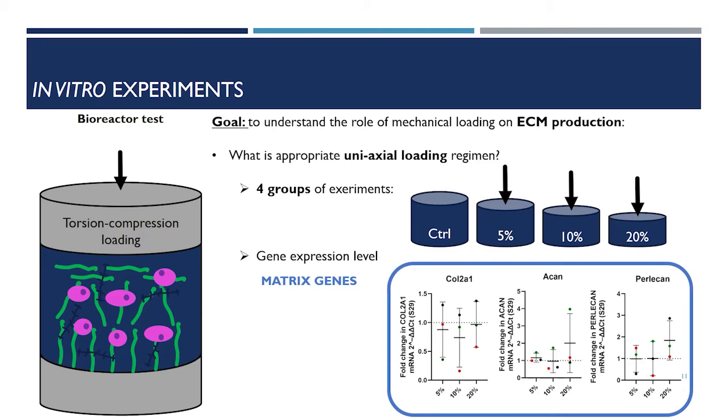We then evaluate the cell response in terms of the gene expression related to the production of the major ECM constituents, but also matrix degrading enzymes, indicative of matrix breakdown. For instance, the results show that the compressive loading magnitude did not importantly affect COL2A1, although with 10% compression being the most effective. For ACAN and PRG4, 20% compression was found to be the most effective uniaxial loading condition.